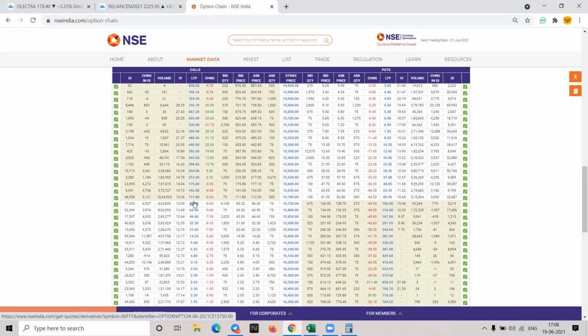Just by paying 85 rupees, you may get a profit of 200, 300 rupees, which is double or even triple. So when doing option buying, there is a certain limited risk, and on the upward side, there is immense return.